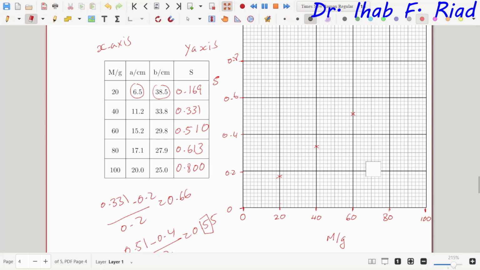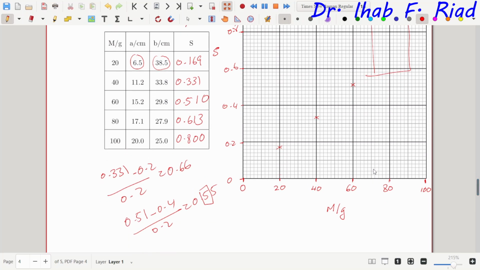It is closer to the 0.6. 0.613 minus 0.6 divide 0.2 is 0.065.